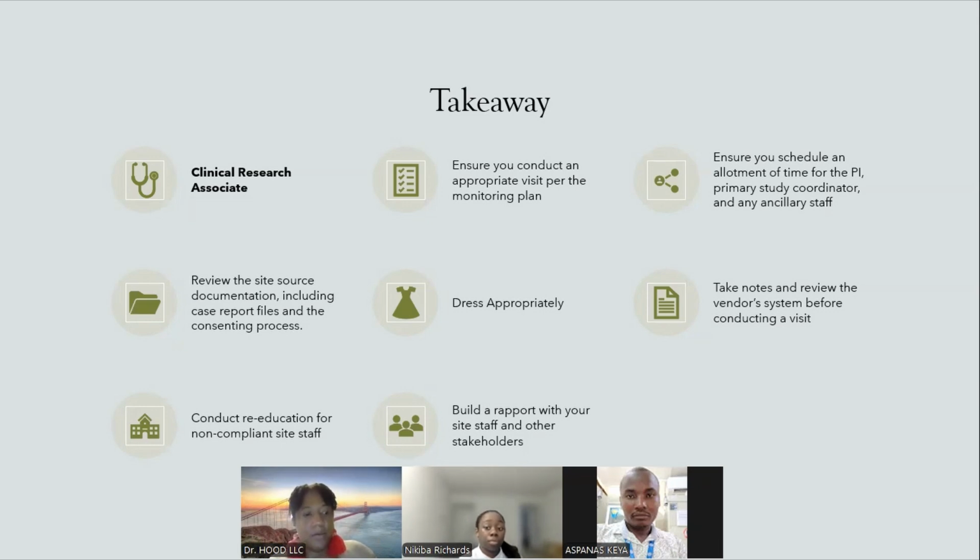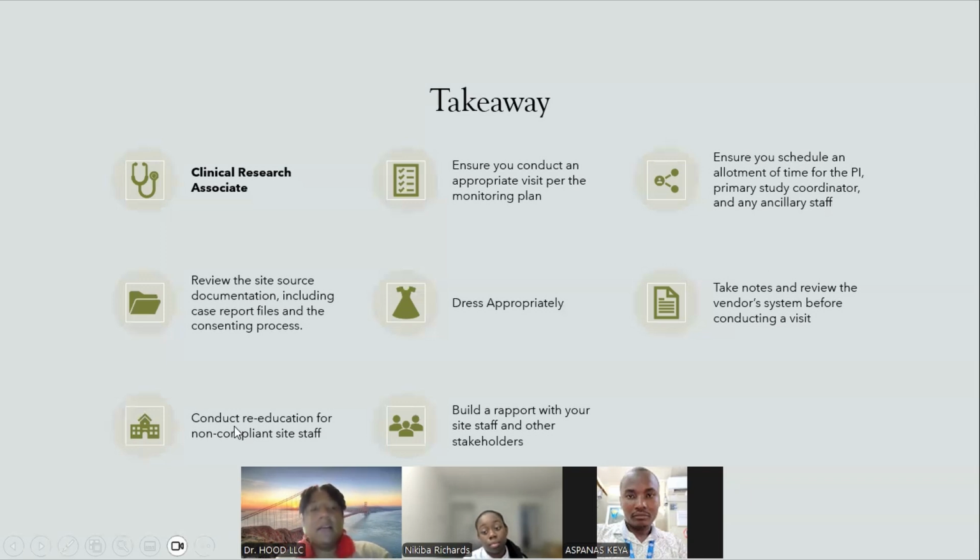Because once you build a relationship with your site, and once you get to know your site, you don't always necessarily have to use those systems to know what it is that you need to do. But in the beginning or during the enrollment period, it is good to use those systems.